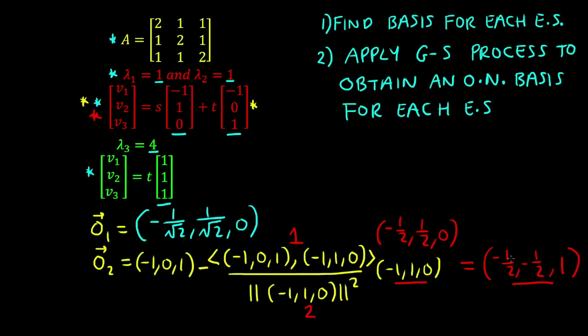And the norm of this vector gives the square root of 1/2 squared plus 1/2 squared plus 1 squared, which is √6 on 4, or the square root of 6 on 2. And then dividing each component by this value, we get -1 on √6, -1 on √6, and 2 on √6.